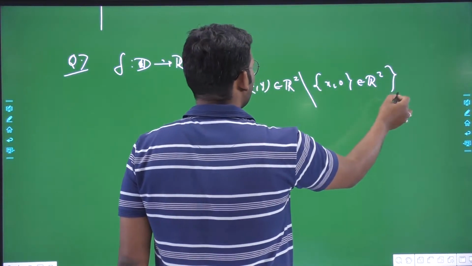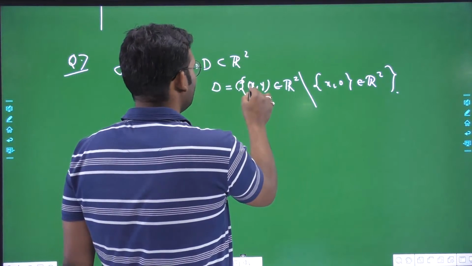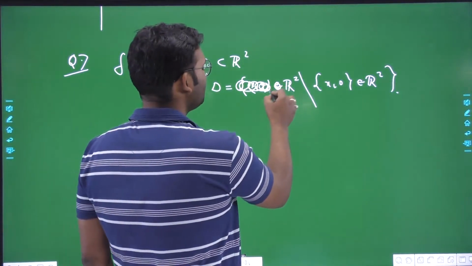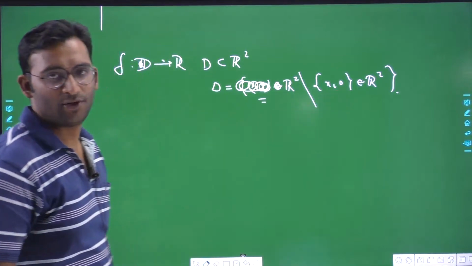D is given to be equal to R square except x comma 0 belonging to R square.